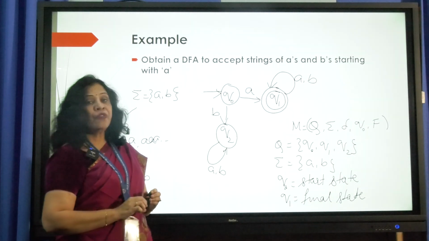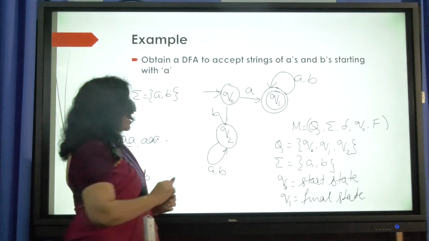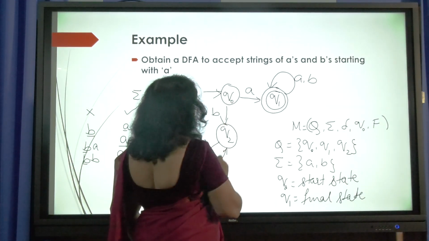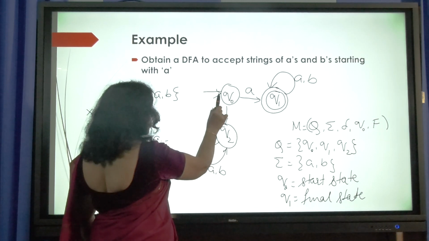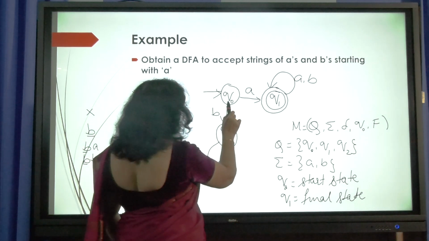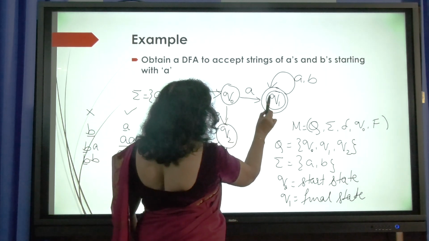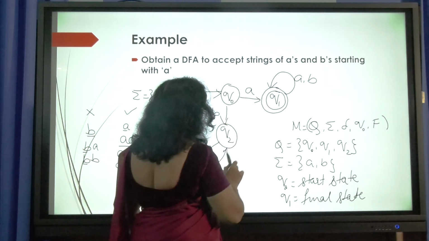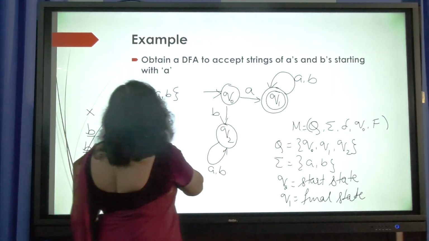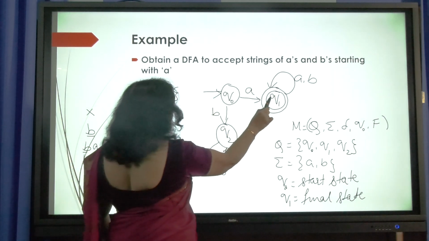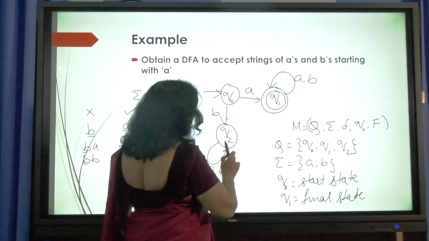So let's see how we can design this. We will have a start state Q naught. This start state is always represented by an arrow emerging from nowhere. So Q naught on A goes to Q1. For this Q1, the minimal string is A. Q naught is the start state, Q1 is the final state.